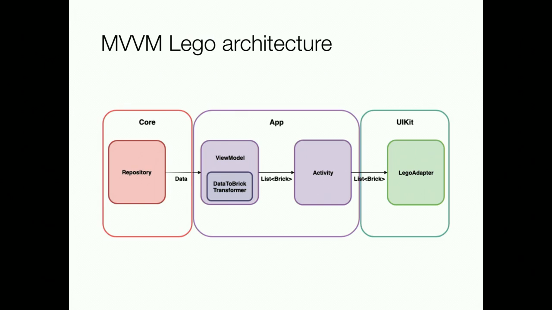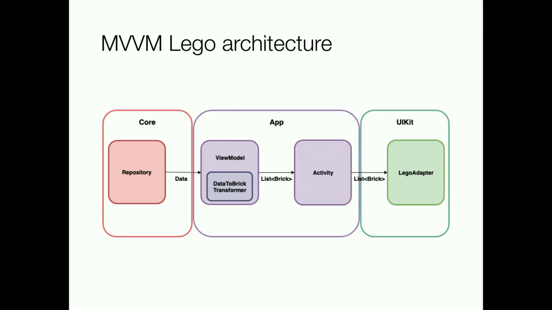So, a data to brick transformer, and the output is a list of bricks that I can send to the activities until the Lego adapter that will handle the display and the views updates.